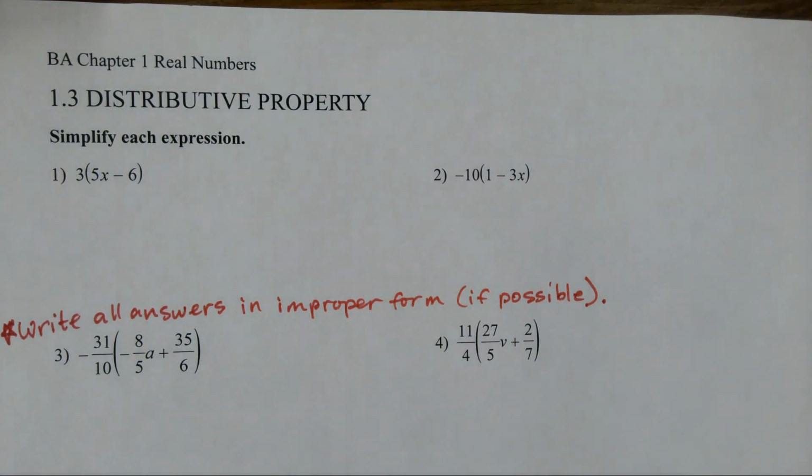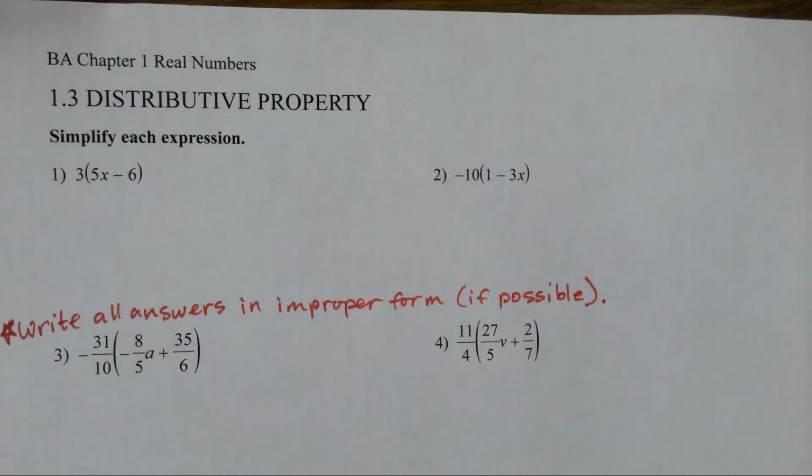All right, so let's refresh the distributive property. Distributive property is multiplying something by more than one thing, and that more than one thing will show up in this parentheses.